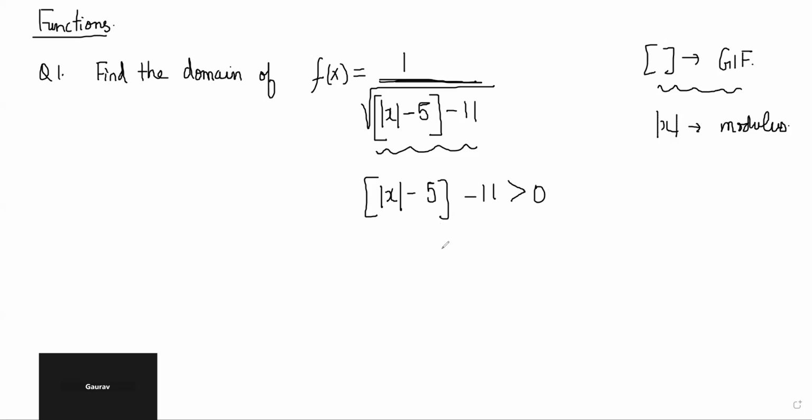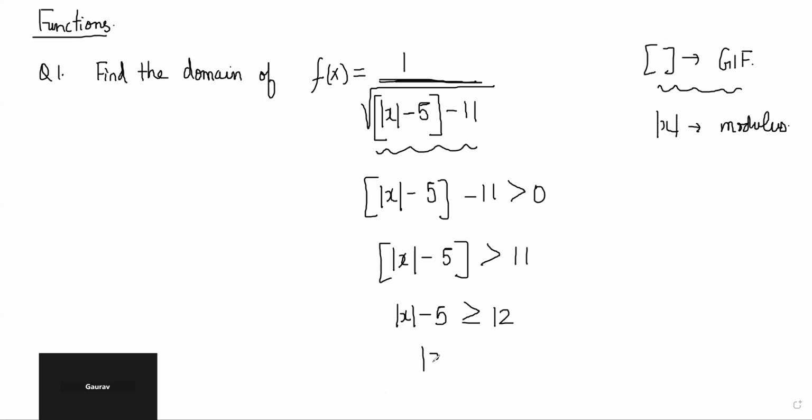So in that case, only greater than 0, so we will do 11 there. Now assuming mod x minus 5 to be a, the greatest integer of a should be greater than 0, greater than 11. Because it is greater than 11, it can take 12 as the next value.